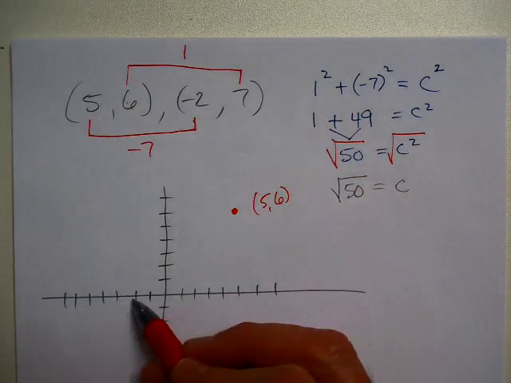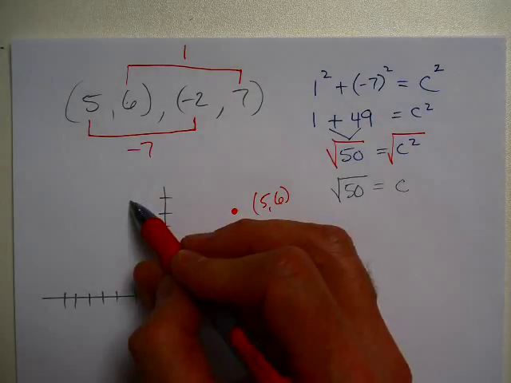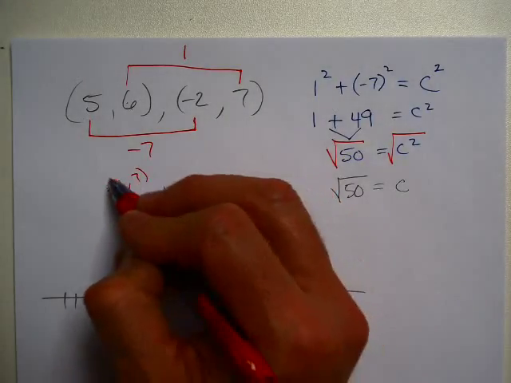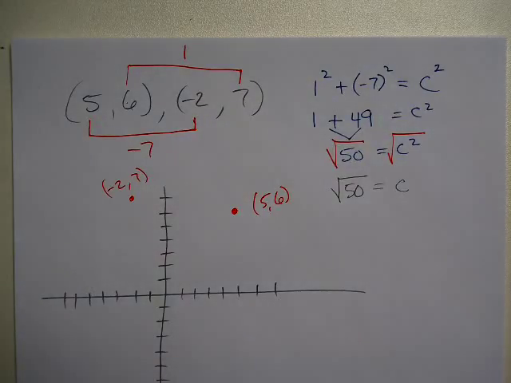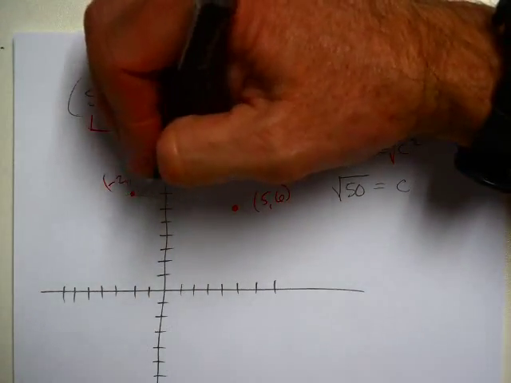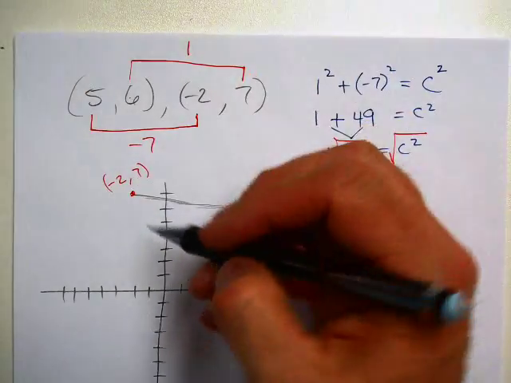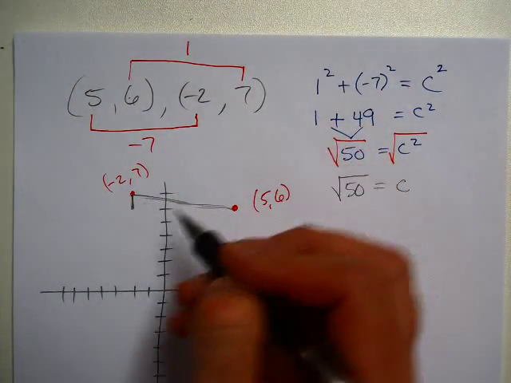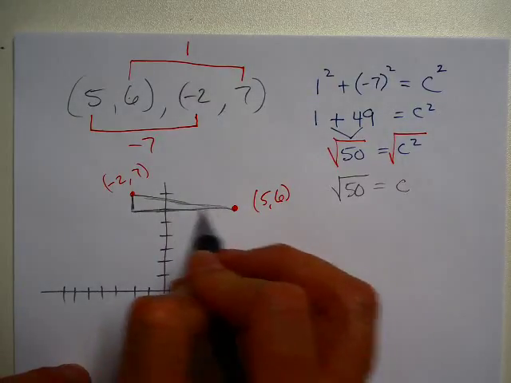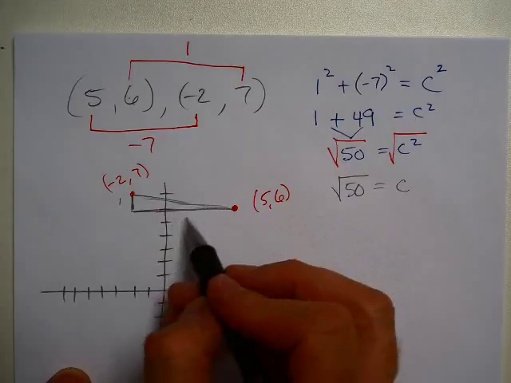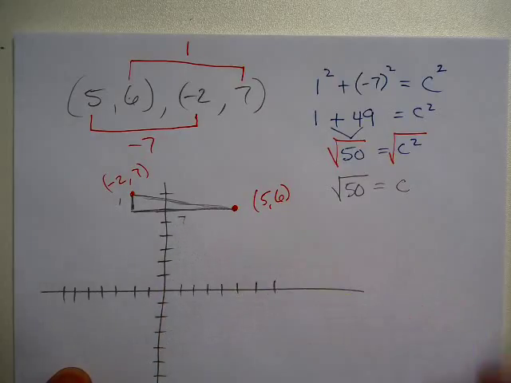And the other point was negative 2 and 7. I want to find the distance between these points. So my slope triangle is going to be this, which is a height of 1 and a width of 7.